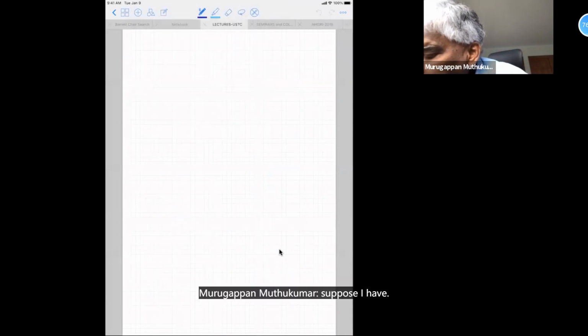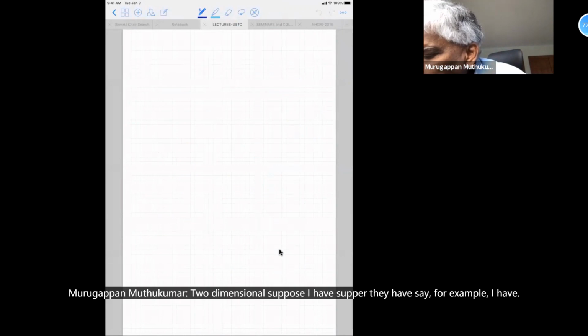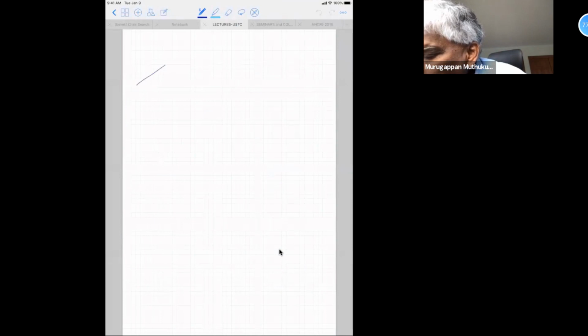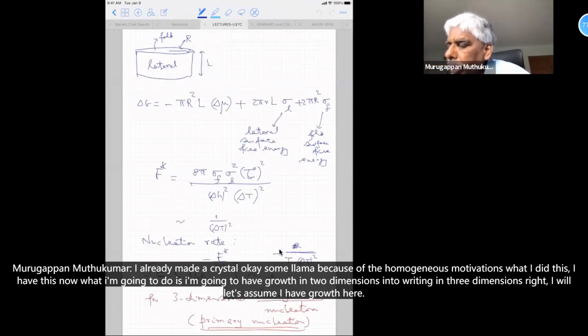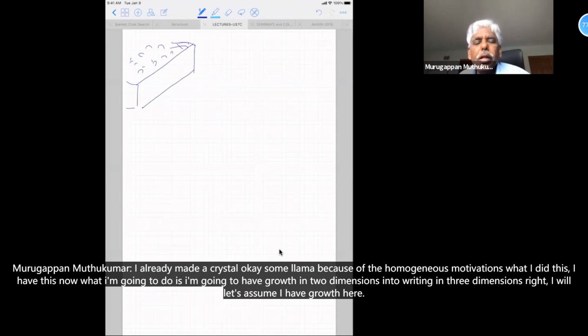Suppose I have a two-dimensional surface like this. I already made a crystal, some lamella, because of the homogeneous nucleation. Suppose I did this. I have this.